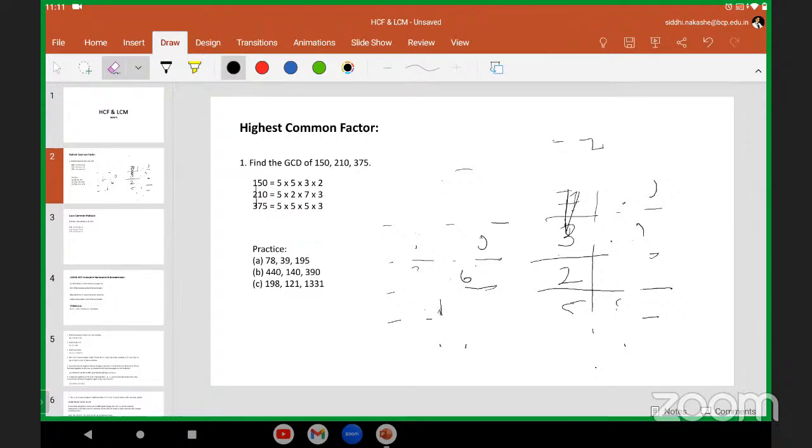Which is the common number here? In 150, 210, 375, which is the common number? 5. And the other common number is 3. So we are going to look at 5 and 3.